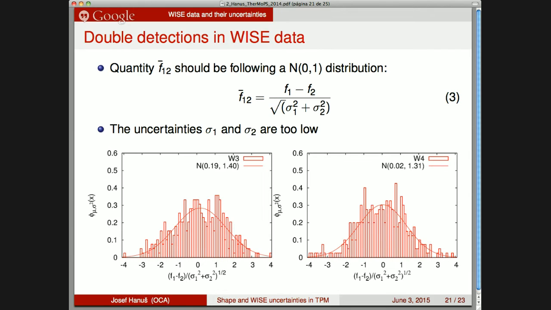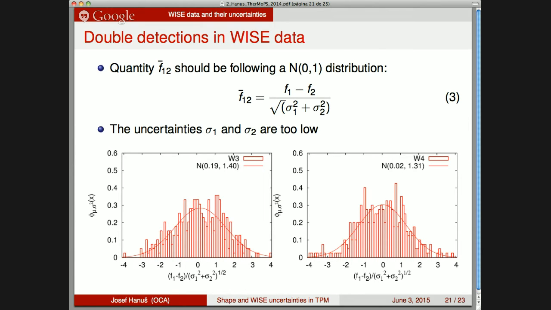So it seems that sigma 1 and sigma 2 are too low, and they should be increased by this factor and this factor to obtain what we can call the standard sigma errors. So we decided to apply this to all the data, basically.